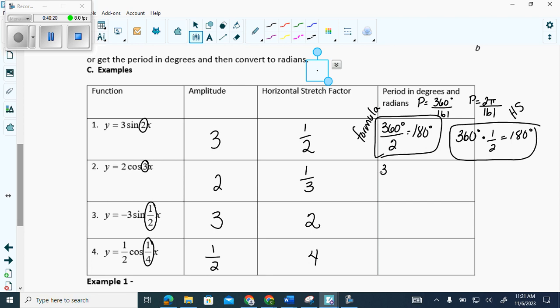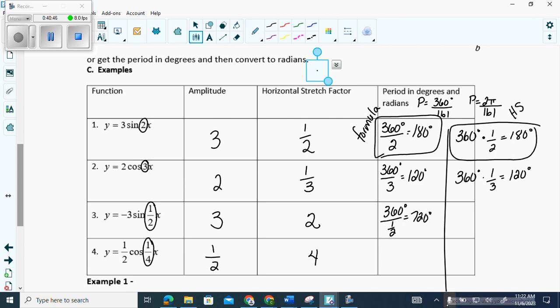So this one's going to be 360 divided by 3, if I use the b, which is 120 degrees. Or I can use the horizontal stretch factor and go 360 times a third, which is 120 degrees. So it just depends on which version you use. This one I can go 360 divided by b. b is a half. So I'm getting 720 degrees.